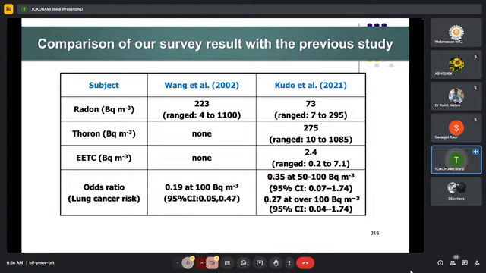But the odds ratio is here. Due to the small sample size of our study, I can't say anything strongly, but we need more study. We need more epidemiological studies here, if possible.